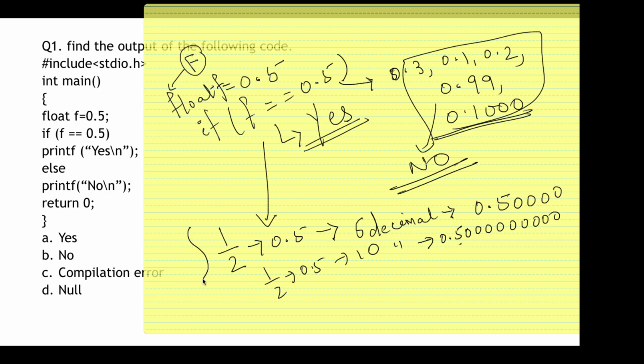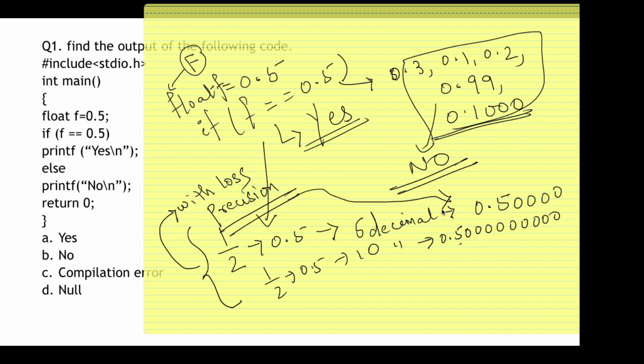So if this is converted, then even with loss of precision, the value doesn't change. It will still remain the same. So thereby the output will be yes.